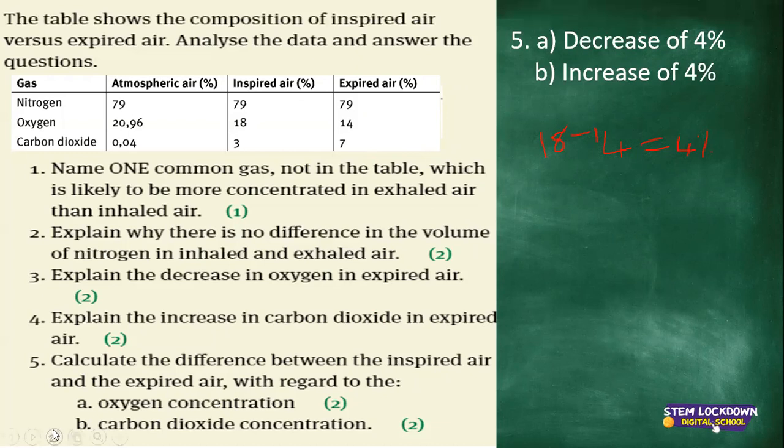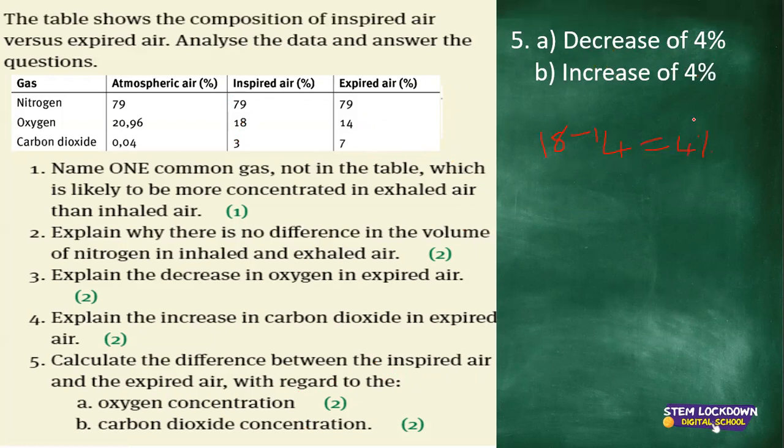We can do it this way, 4%. But what are they saying? You calculate the difference between the inspired air and the expired air. So the difference is 4%. It went down. That's why it says here a decrease of 4%, because you inspired 18 but you only took out 14.